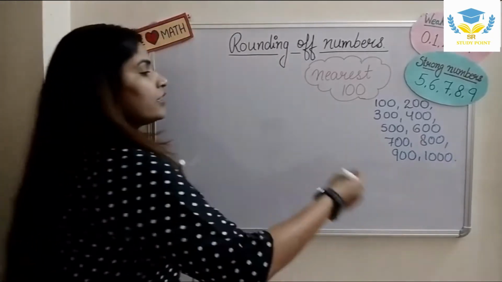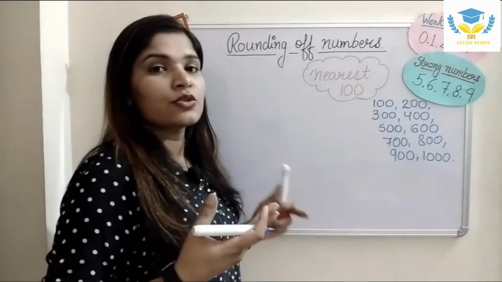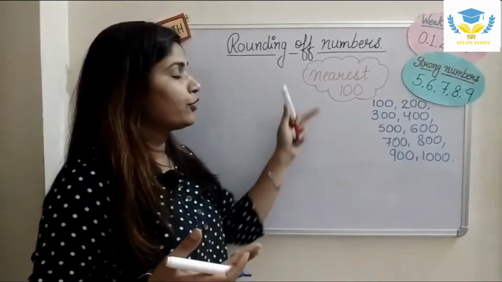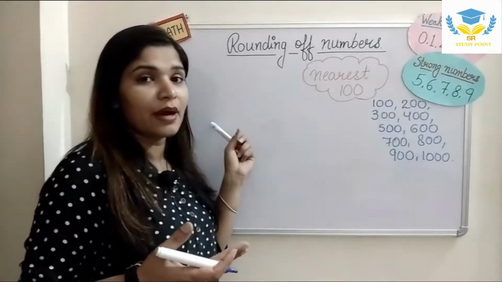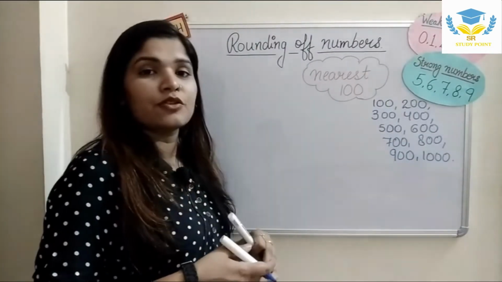So these are the multiples of 100. Why have I written them here? So that it will be easier to understand what we are going to make the given number. We are going to make the given number in the multiples of 100.